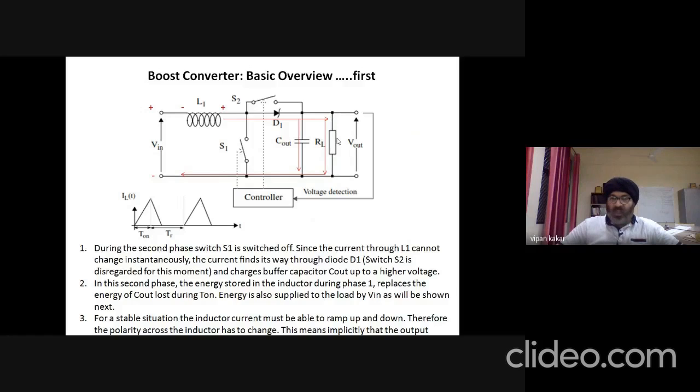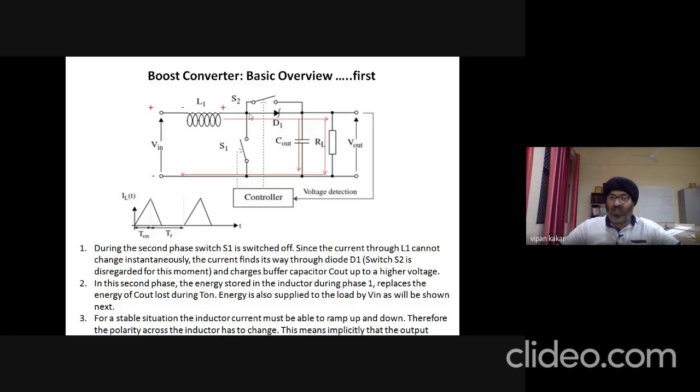So just by looking at this, we can see that as soon as this switch S1 turns off, the inductor current starts to flow through this diode D1, which gets forward biased. And now the load current flows through this load and has a voltage drop equal to V out. That voltage will be equal to this node voltage minus some minor voltage drop over here.